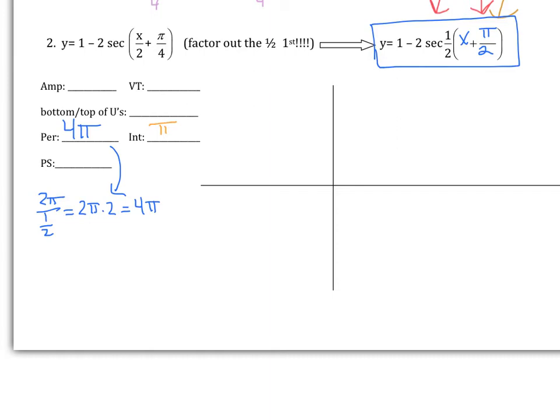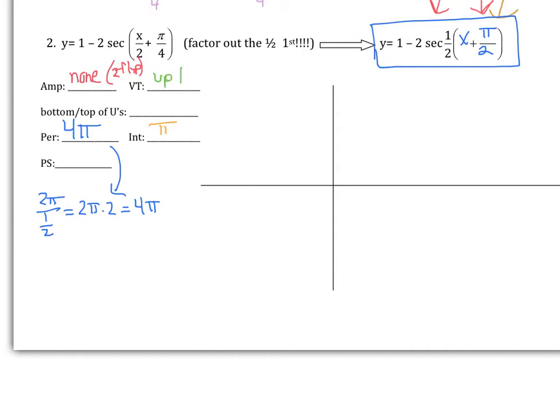My amplitude is going to be 2 with a flip, but that's what I'm putting in my parentheses. My amplitude for all secant and cosecant graphs is none. But the 2 and a flip is a good reminder for myself when I'm graphing cosine. My vertical translation here is to move the graph up 1.